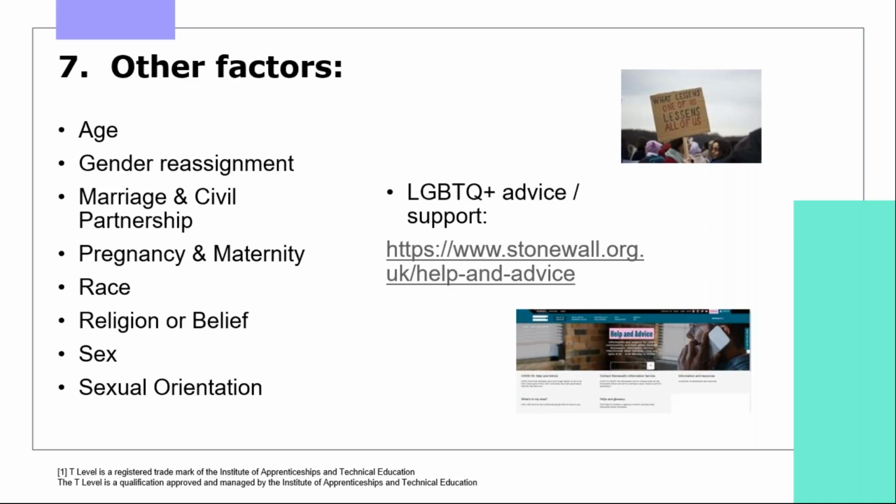One in 3 trans pupils are not able to be known by their preferred name at school, and 64% of trans pupils are bullied at school for being trans. If you would like to see more information, I've got the web address on the slide. Have a read and it'll give you more information on that.